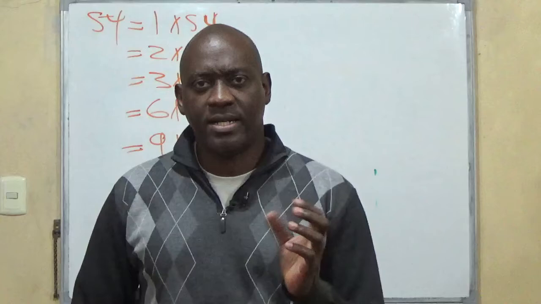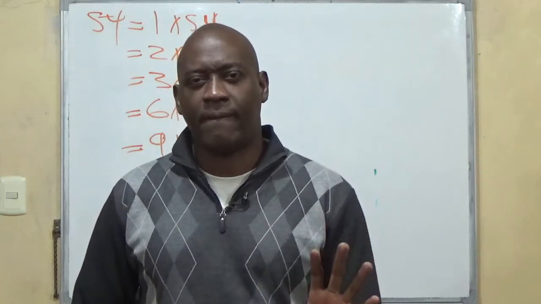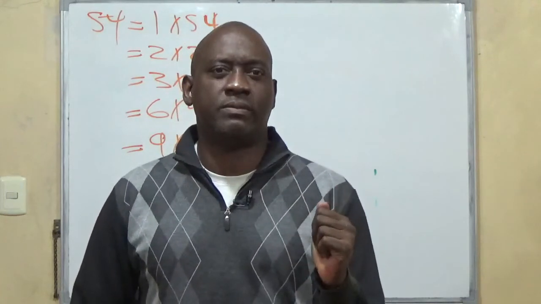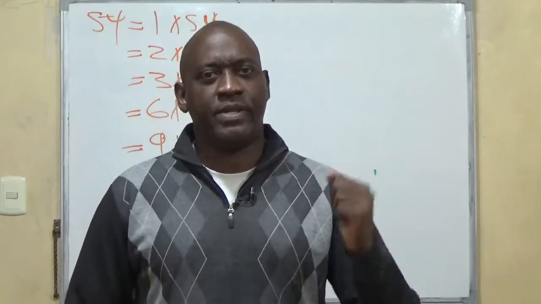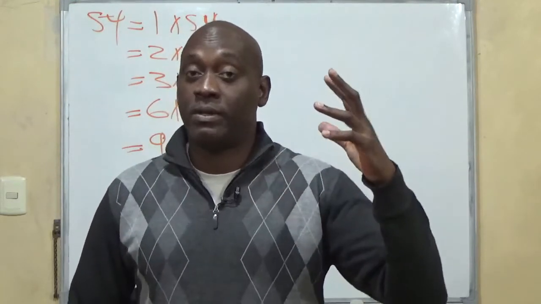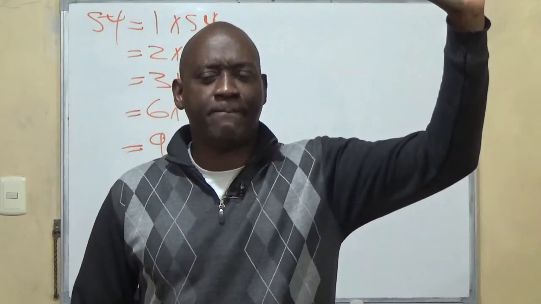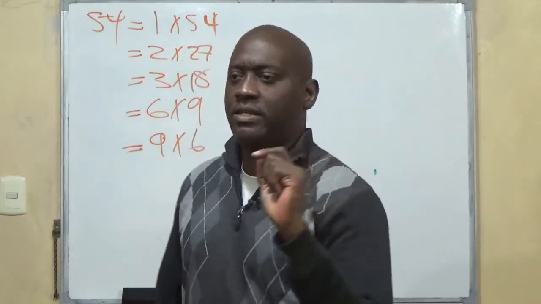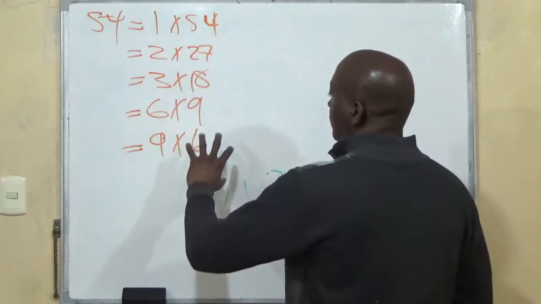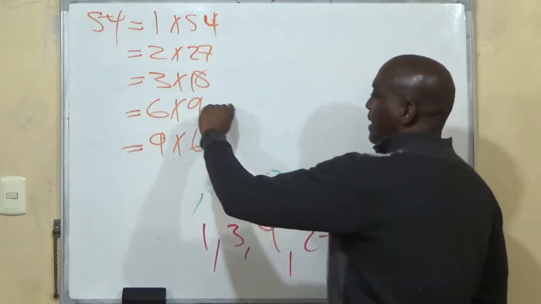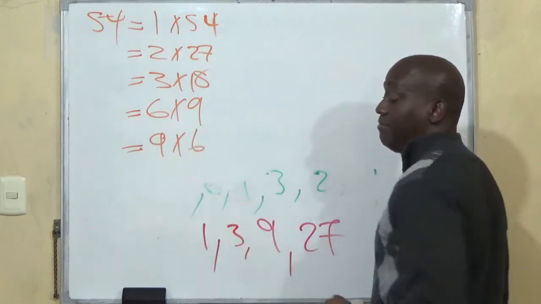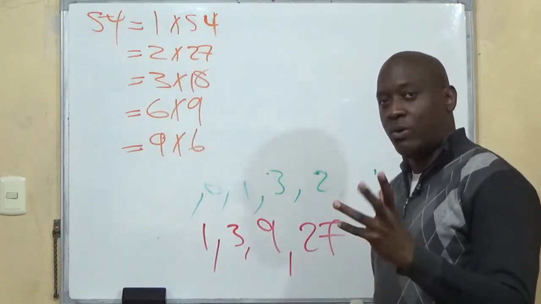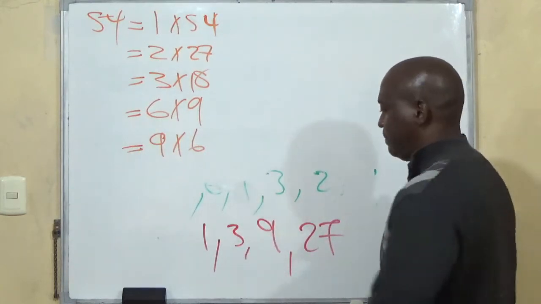If you're trying to list the factors of any number, you start with 1. And then you try 2. And then you try 3. And then you try 4. And you go up the road one at a time. Eventually, you'll get to a point where, in considering pairs of factors, you find that you have the same pair of factors and the order will be reversed.